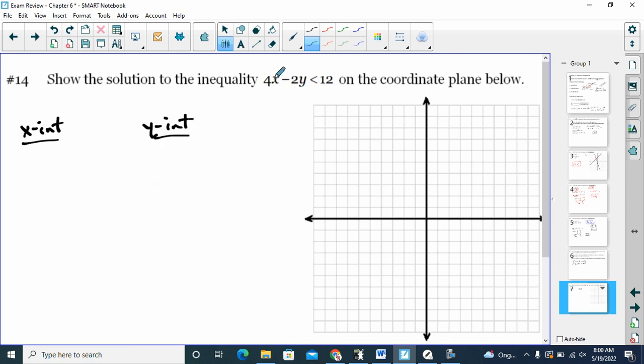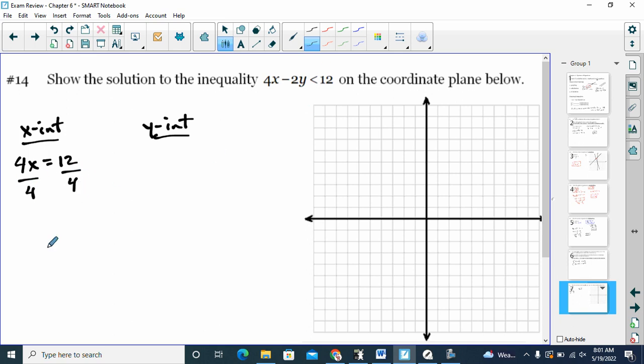To get the x-intercept, we put in 0 for the y. So if I put in 0 for the y, the point on the line says 4x equals 12. Because I'm looking for the points on the line, we're using the equal sign instead of this inequality. We'll talk about what to do with that inequality in a minute.